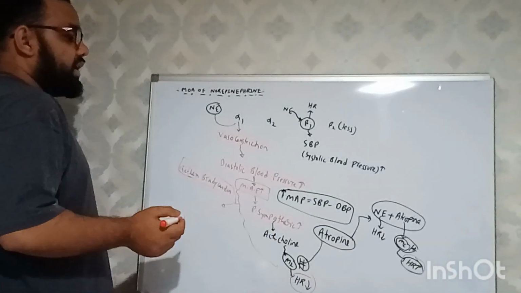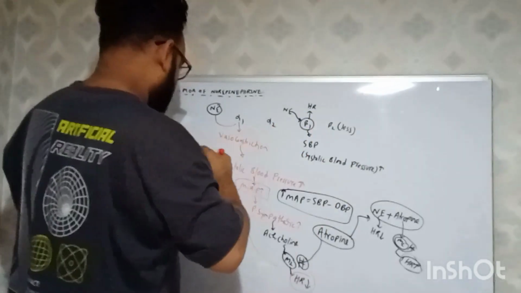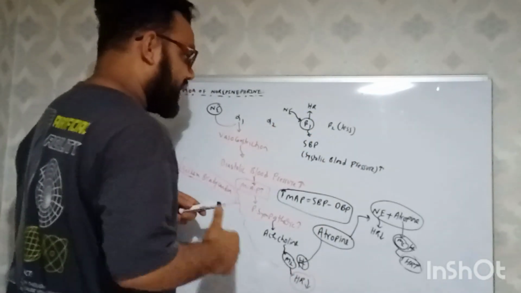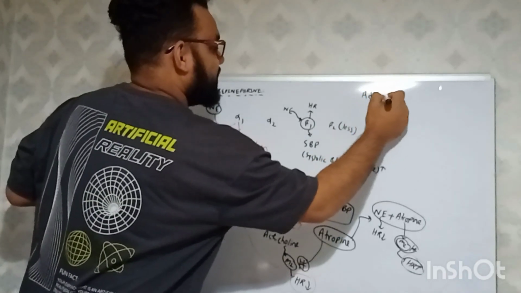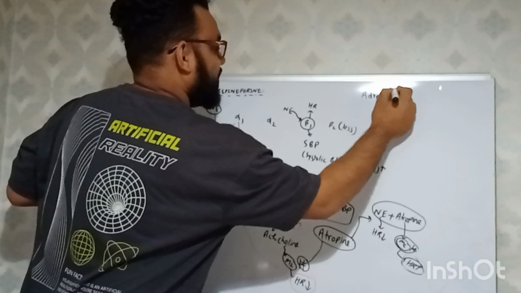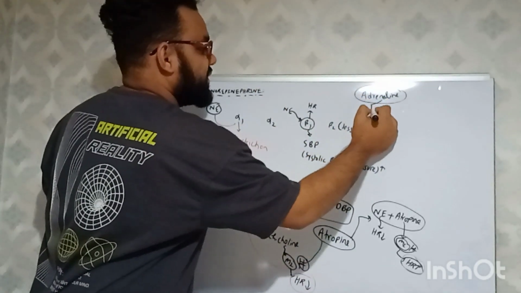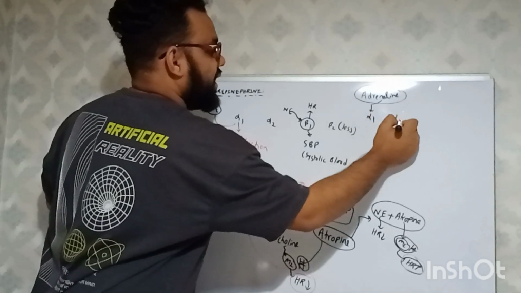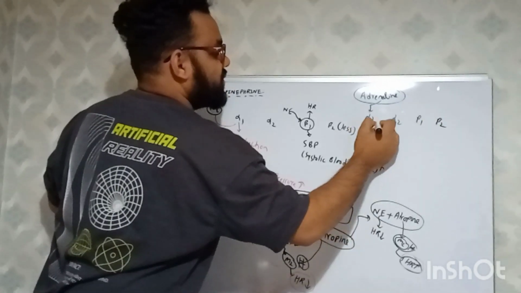Now if we talk a little bit about adrenaline, what kind of thing will we see as far as adrenaline is concerned? Adrenaline has receptors for alpha 1, alpha 2, beta 1, beta 2.